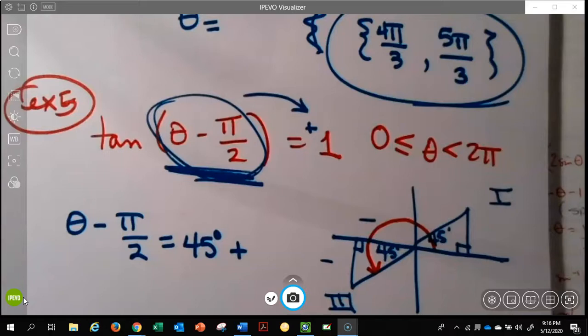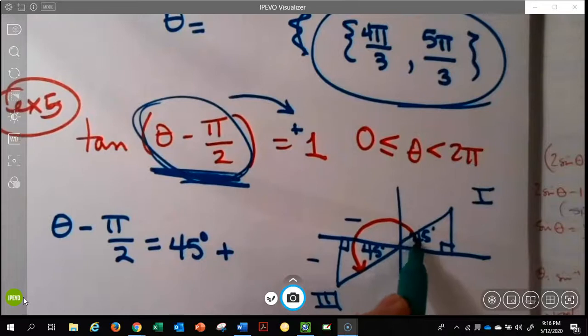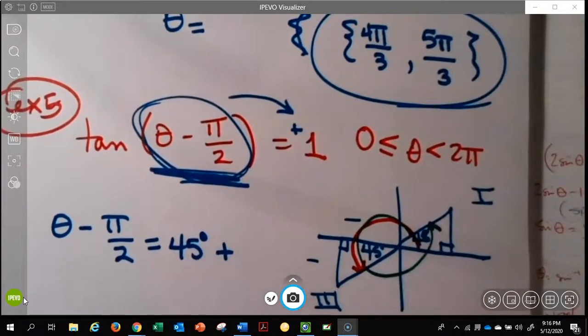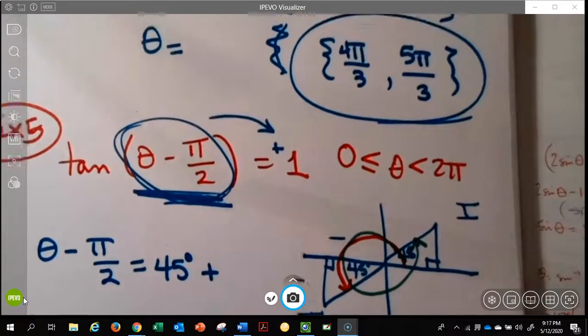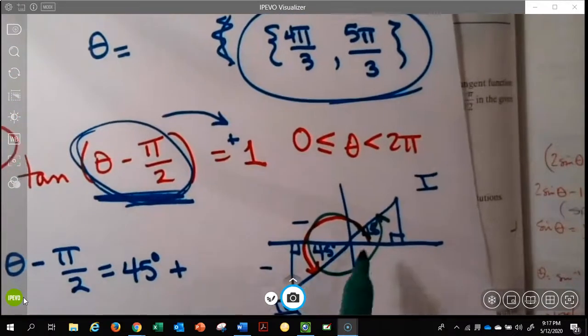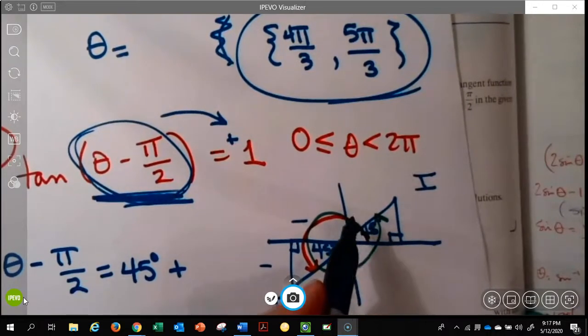But a really cool thing's going to happen on this problem, because I can say, oh yeah, I need to write the 2k pi, because not only is it this 45 right here, it's also when I go around a 2 pi, and I can do that 2k amount, like when my k is 0, when my k is negative 1. But wait, looky, looky. On this particular problem, it's going to be even better.